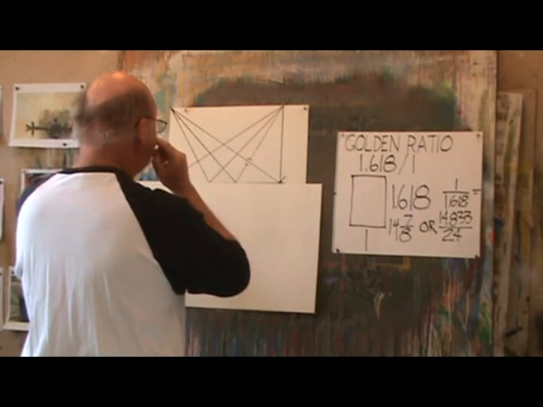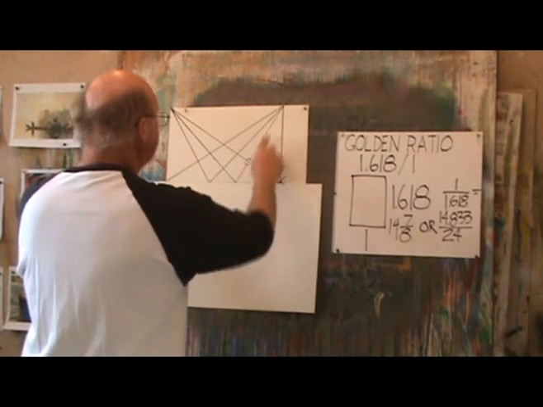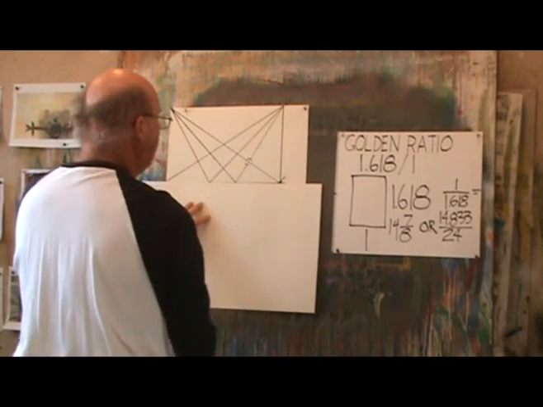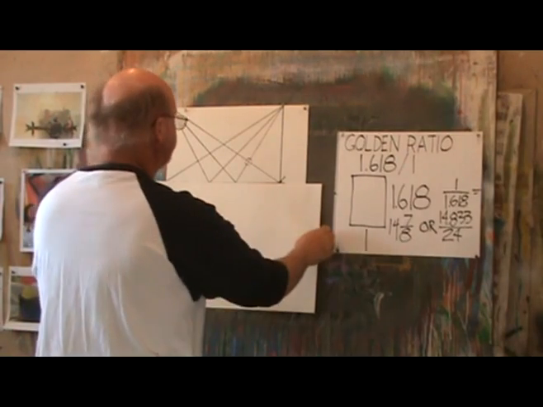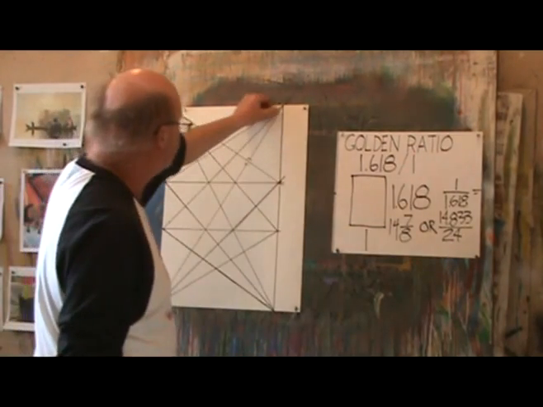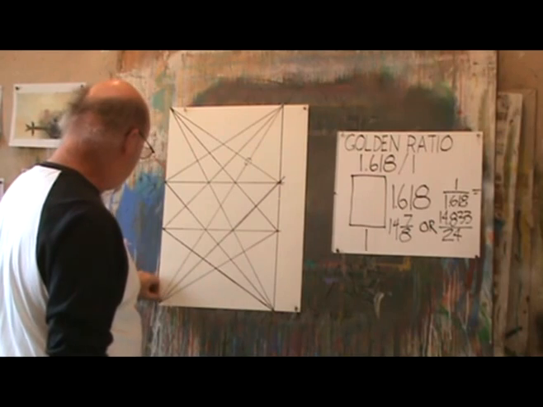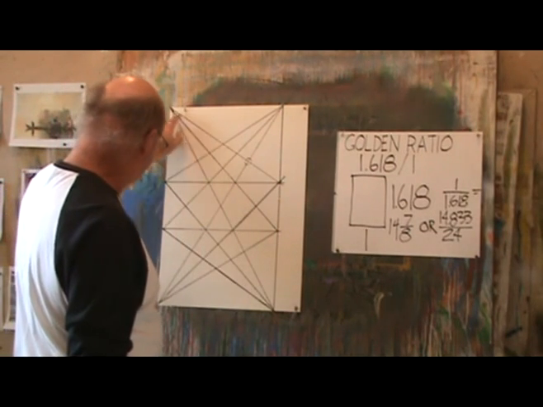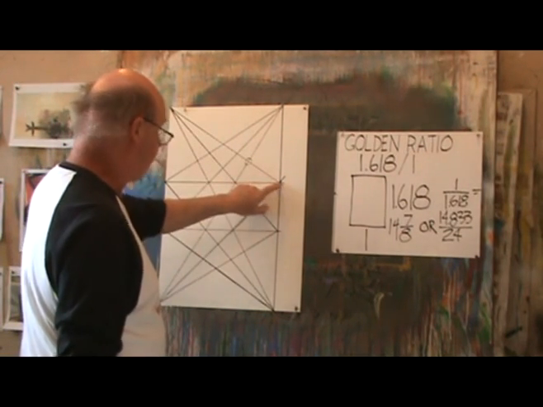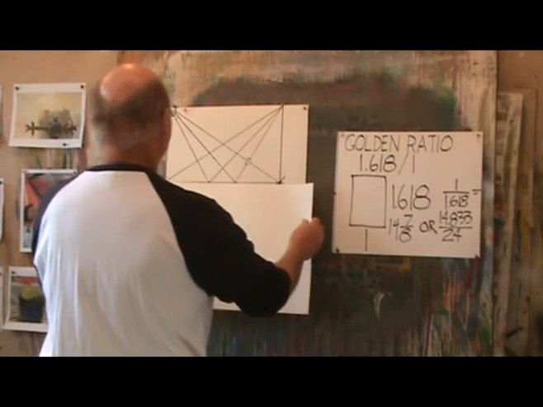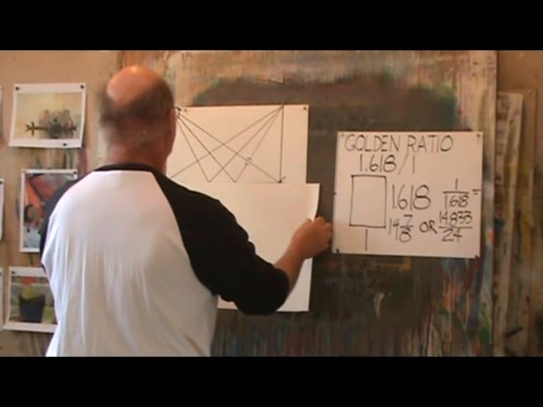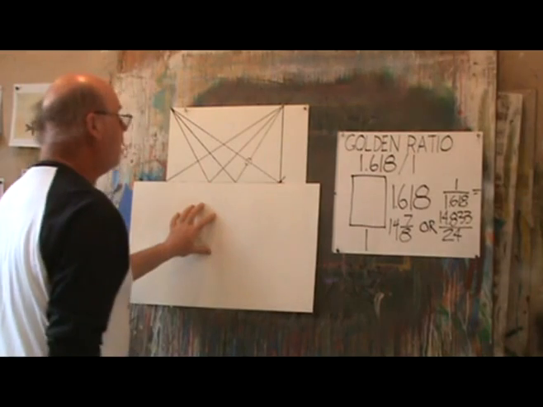The interesting thing about these two diagonals is that they reverse their roles. In the overall, we have a major diagonal that goes from corner to corner, and we have a minor diagonal that goes from corner to edge. Now if we cut it off like so, those two lines have reversed roles.